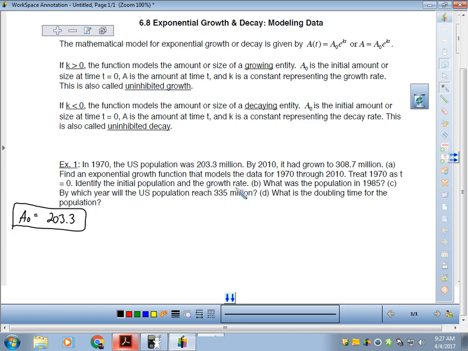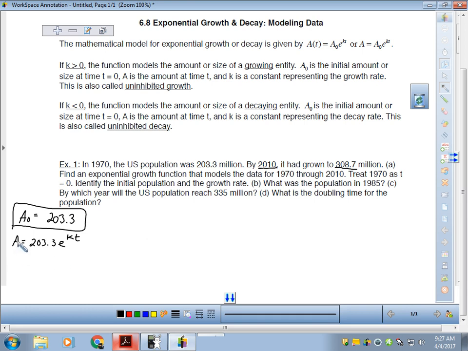For the rate, though, we're going to actually have to solve an equation. So right now we don't know A. We know a sub 0 is 203.3. We have e. We don't know k, and we don't know t. But we can actually solve for k because they gave us a second data point. They told us in 2010 the amount was 308.7.